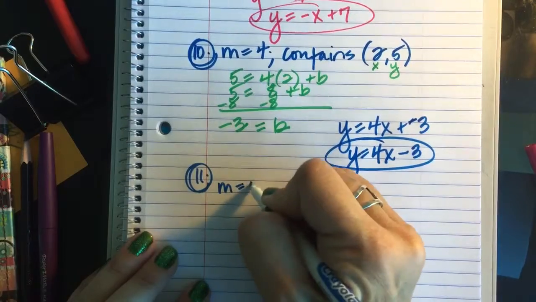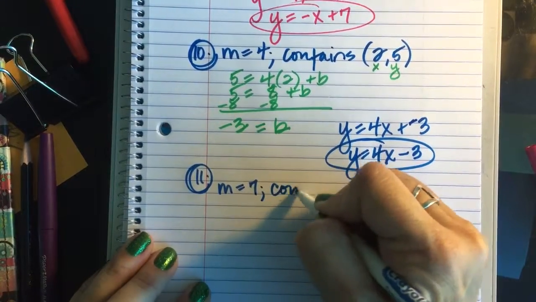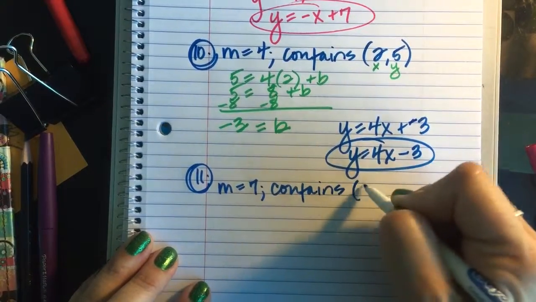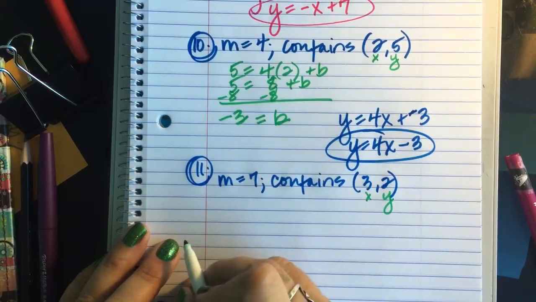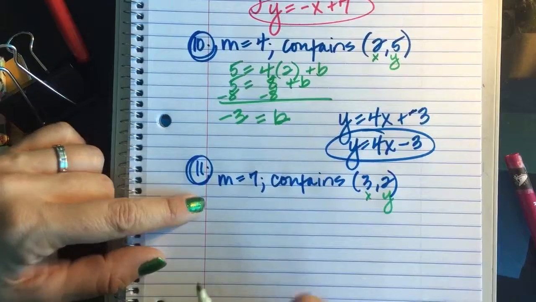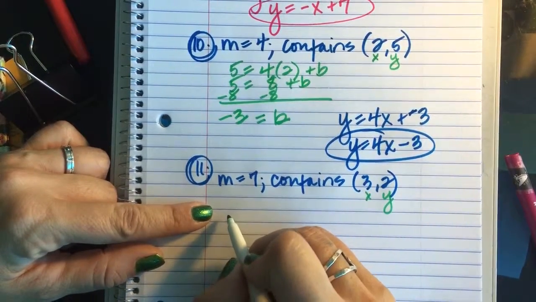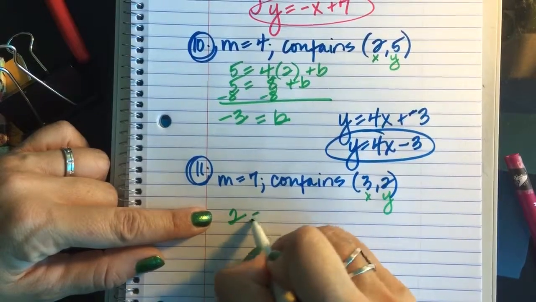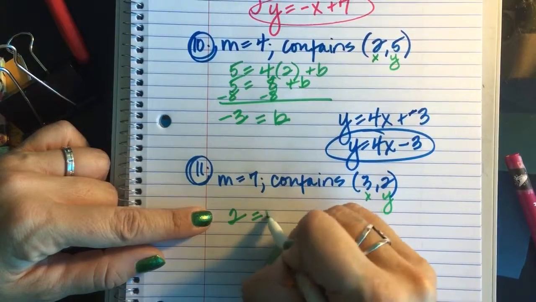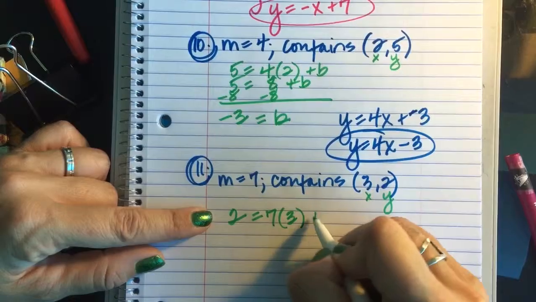m equals 7, contains (3, 2). Kyle, when you're ready. 3 equals 7 times 2 plus b. Switch your x and y around. Start over. y equals, so not 3 equals. Oh, 2. 2 equals 7 times 3 plus b. You got it.